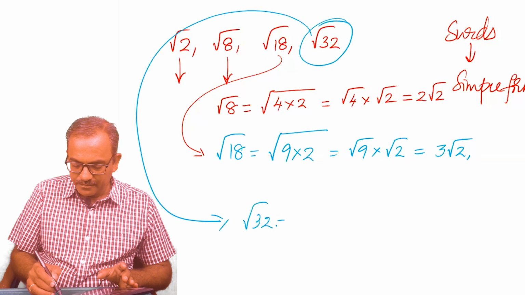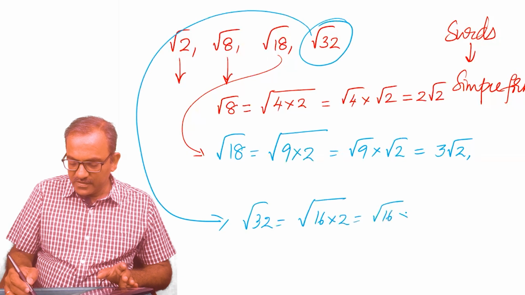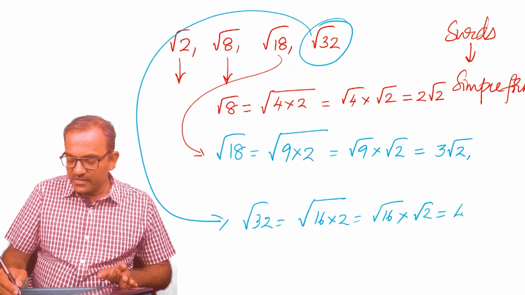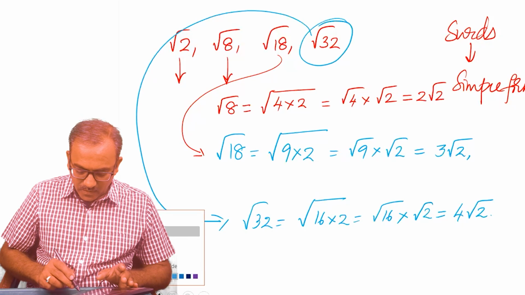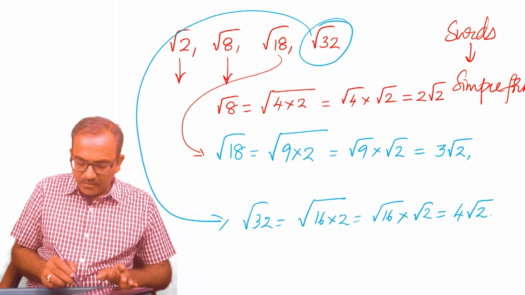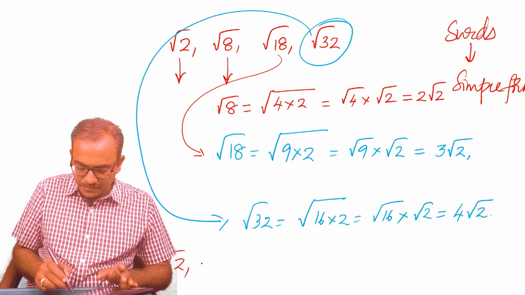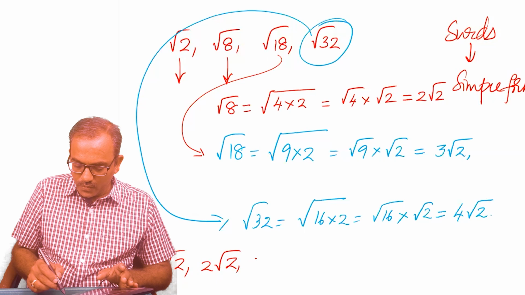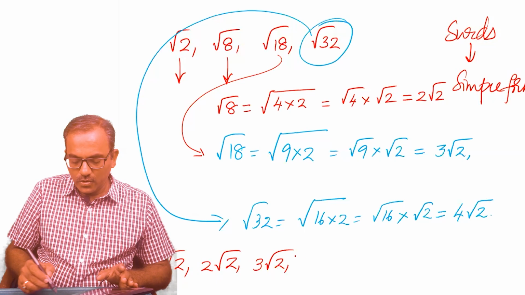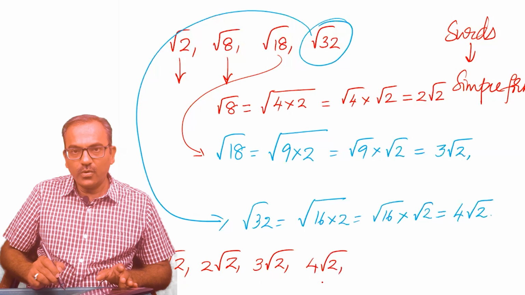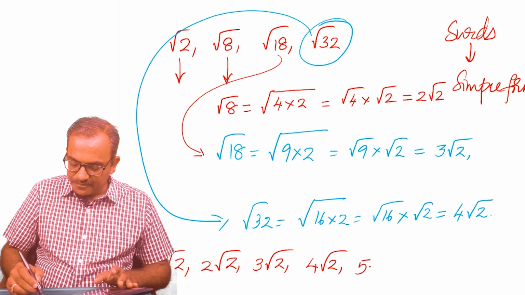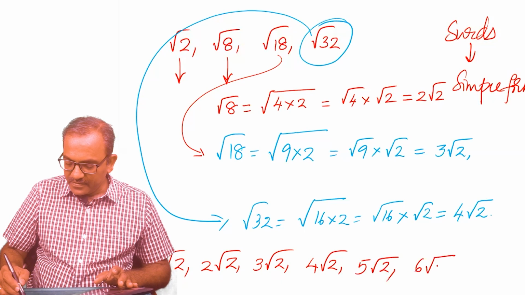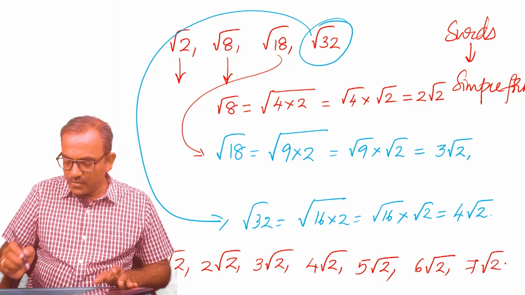Root 32 can be rewritten as 16 into 2, root 16 into root 2, root 16 is 4, we have 4 root 2. And look at the pattern: we have root 2, 2 root 2, 3 root 2, 4 root 2, and it is very simple for you to guess the next 3 numbers. So, it is 5 root 2, 6 root 2 and 7 root 2.